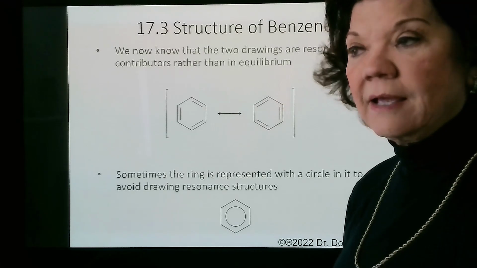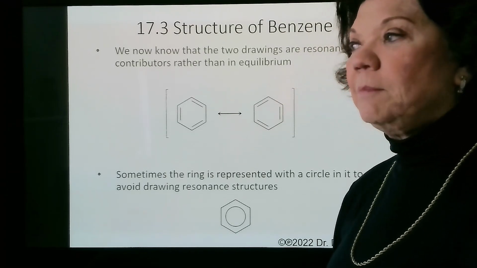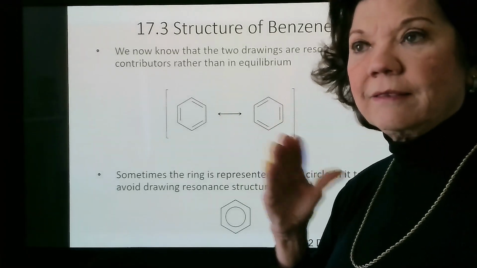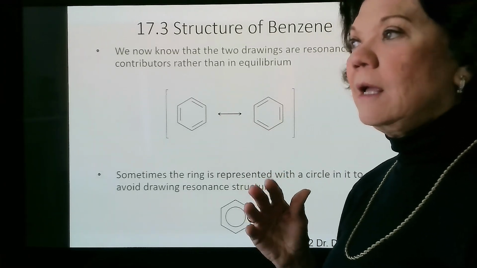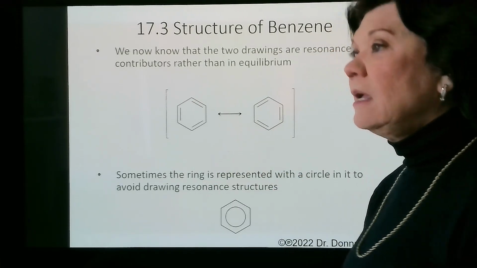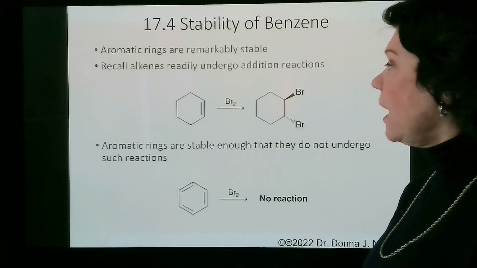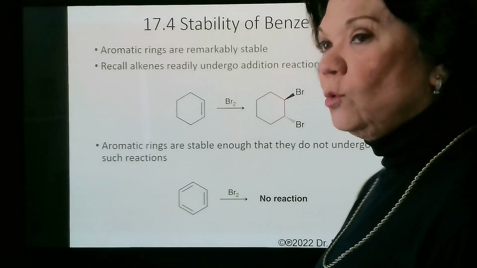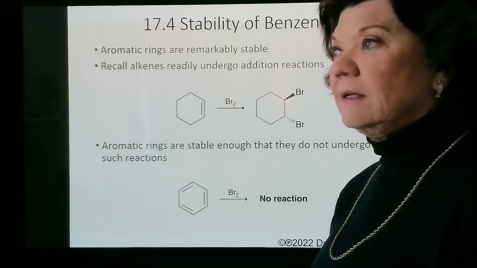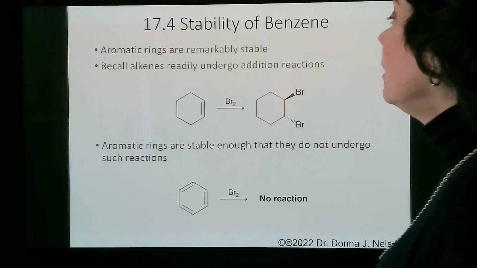You never say that benzene is resonating. Resonating can mean like to vibrate, like the reed of a saxophone. That explains the terminology. So you would never want to say that benzene is resonating between the two structures.